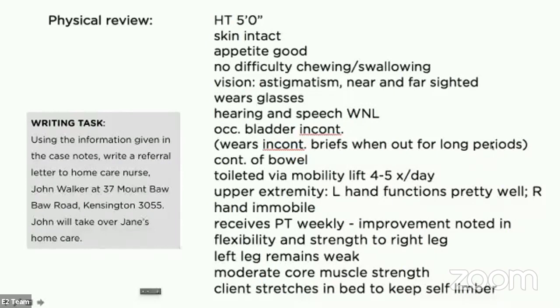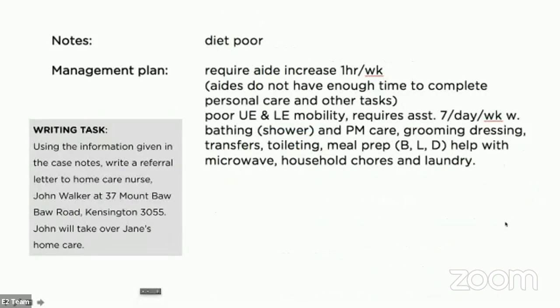All right, that's a tough one. Let's go to the next one. Notes and management plan. What's relevant, what's not? Is it all relevant?